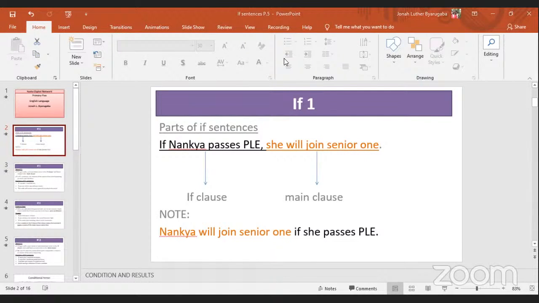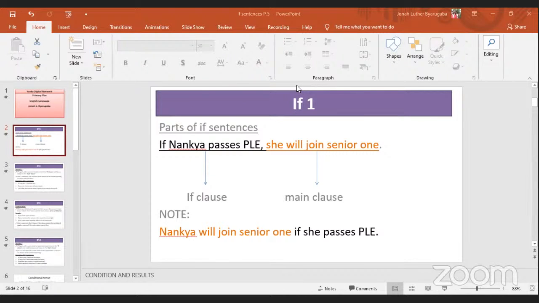Nakia would have joined senior one if she passed PLE. That's wrong. If you're saying if she passed, you are having what you call the mixed condition. Your if clause is if two, your main clause is if three. You get the difference? Sharon?